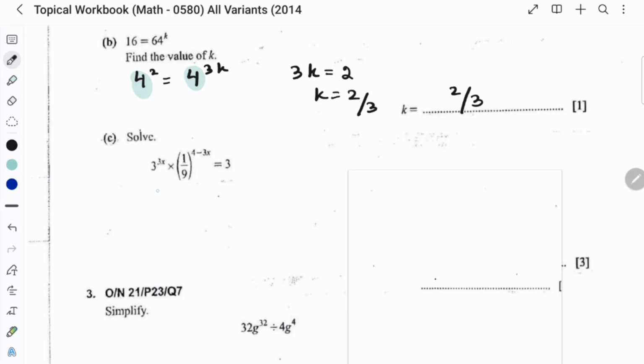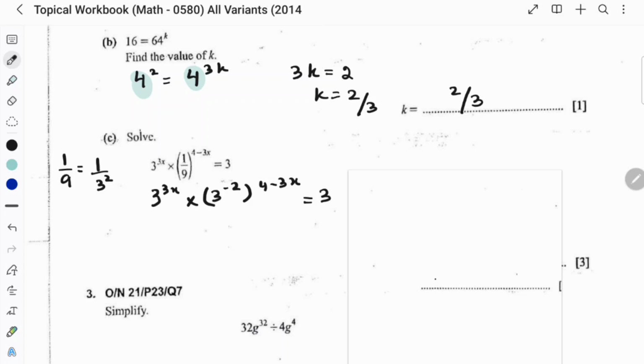Alright. The next question is a solution of an equation. We know that 3 to the power 3x into 1 upon 9 to the power 4 minus 3x equals 3. I just replaced 9 as 3 to the power minus 2, because 1 over 9 is 1 over 3 square, which equals 3 to the power minus 2, and 3 is 3 to the power 1.